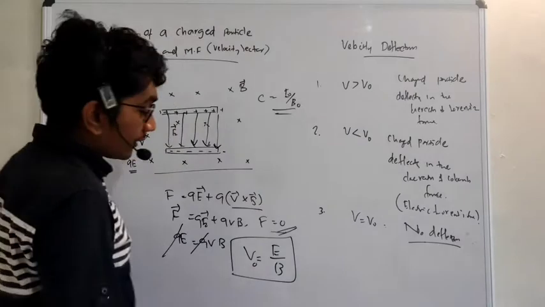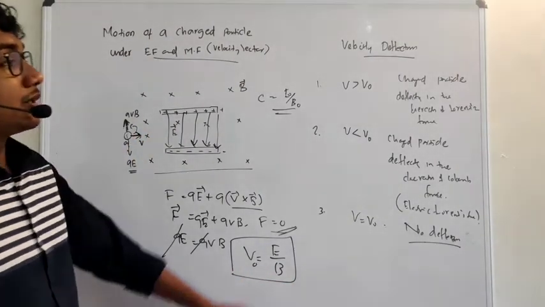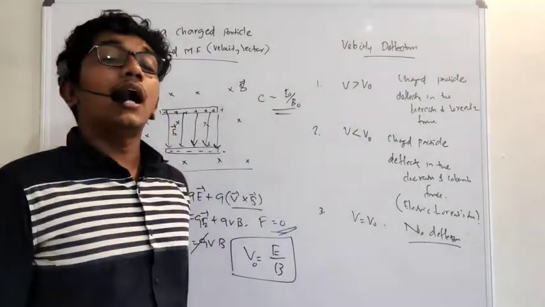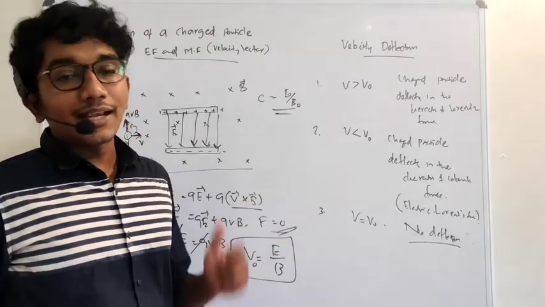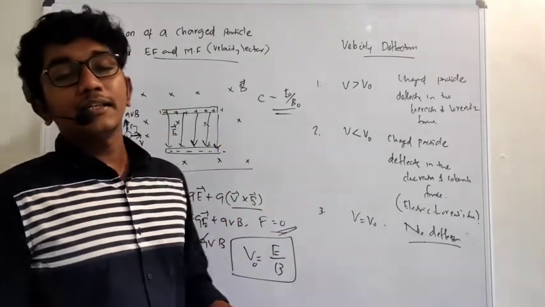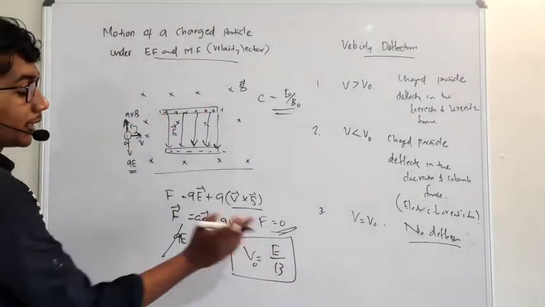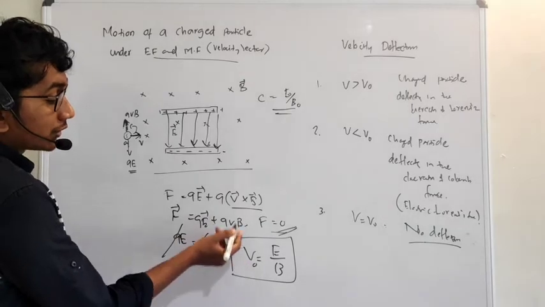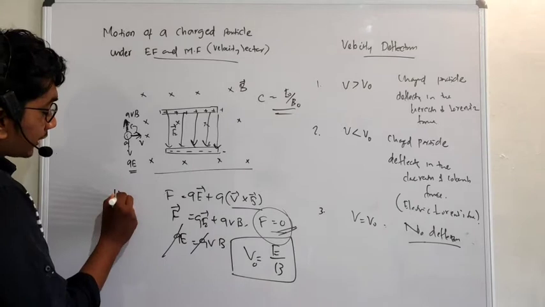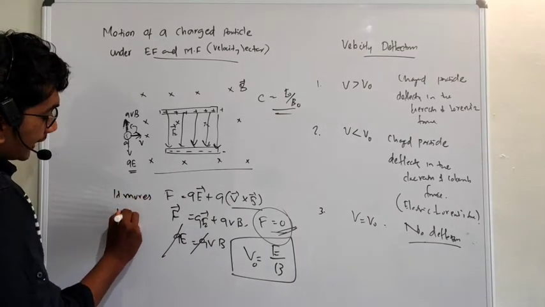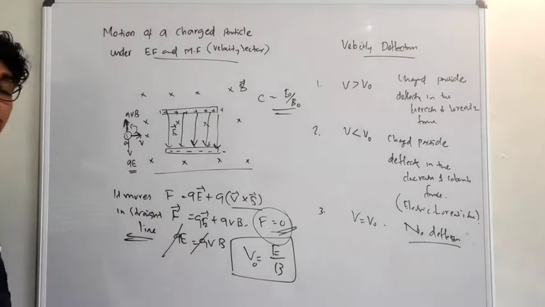But anyway, keep in your mind, this is very important: V0 is equal to E by B. The idea is very simple. V0 is equal to E by B only when F is equal to 0. So in this case the particle moves in a straight line. Keep that in mind.